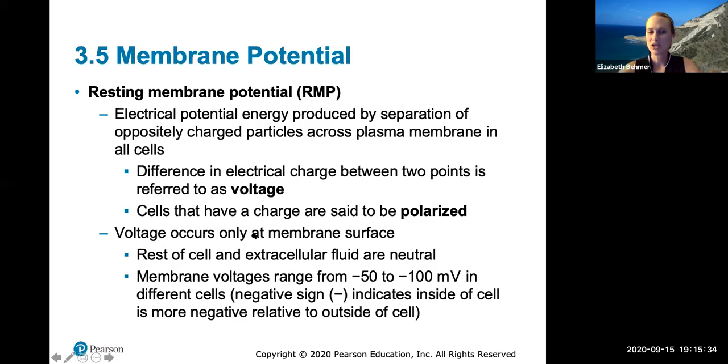This voltage occurs only at the membrane surface, and the rest of the cell and the extracellular fluid are always neutral. Your membrane voltages range from -50 to -100 millivolts. That just means they have a charge to them. The negative sign indicates the inside of the cell is more negative than the outside of the cell.